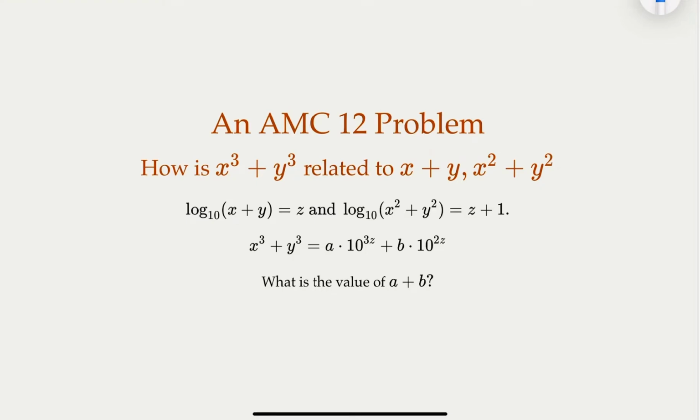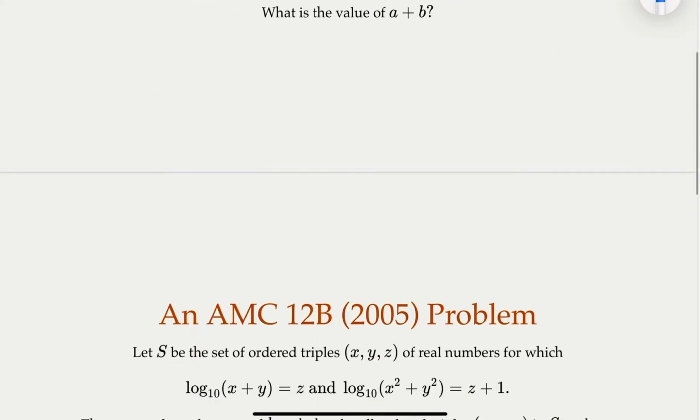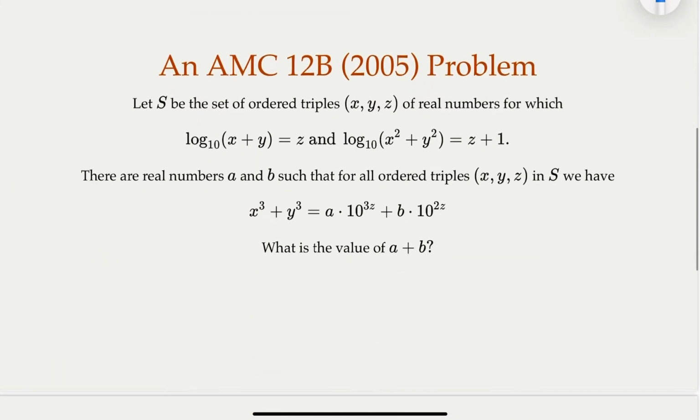Alright, let's look at one AMC 12 problem. It is not directly related to Newton's identity, but it is related. So the question is, we are given x, y, z real numbers that satisfy these two equations.